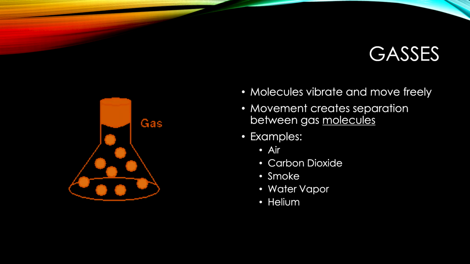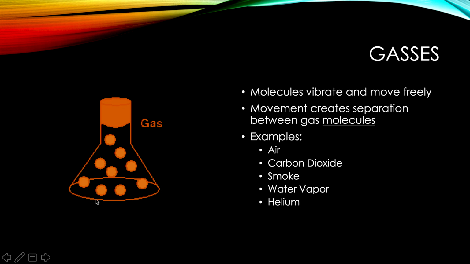Next up, gases. Gases have molecules that vibrate and move freely, and movement creates separation between the gas molecules. And molecules, if you didn't know what they were, are groupings of atoms together. So the groupings of atoms move apart from each other, and some examples of that are air, carbon dioxide, smoke, water vapor, and helium.